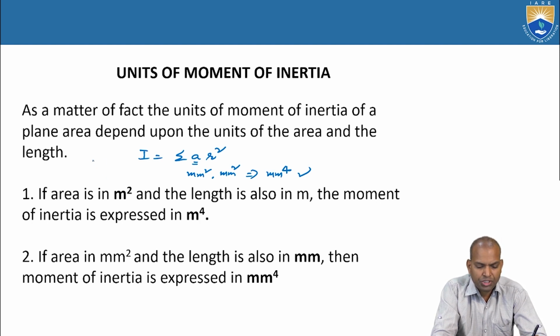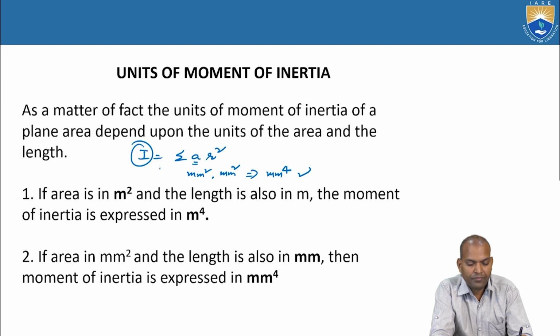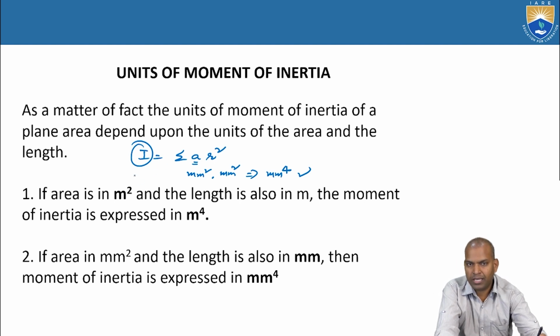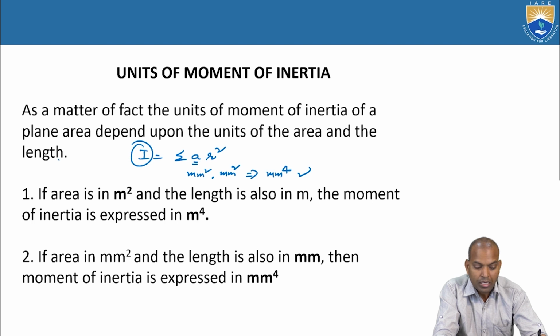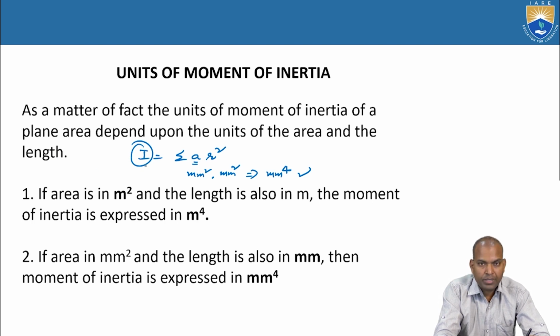The moment of inertia of the plane depends upon its area and the length. It is dependent upon two parameters: one is the area, and the other is R, the corresponding distance of the element about the axis for which we are calculating the area moment of inertia.